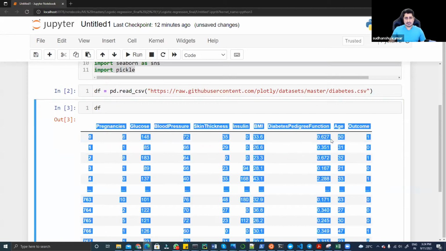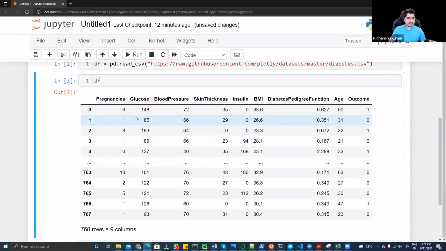And yes, if I try to understand this data set, as we always do, this is a data set which talks about whether a person is diabetic or not diabetic. It depends upon different kinds of attributes, or different kinds of readings that we have inside our data set. For example, pregnancies, glucose, blood pressure, skin thickness, insulin, BMI, diabetes pedigree function, age, outcome.